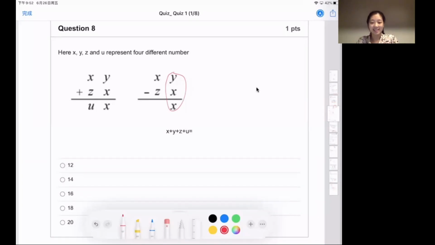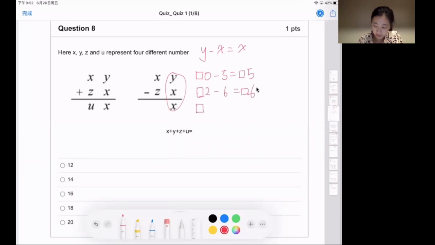Question number 8. First of all, we need to figure out what y minus x equals x. There are some situations like some number ending with 0 minus 5 equals some number ending with 5, and then some number 2, 6, 6.